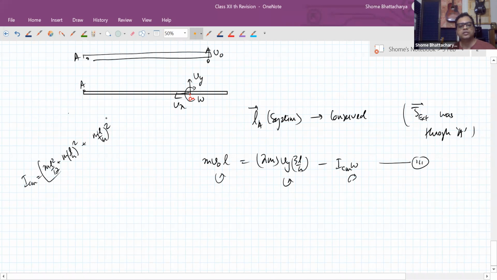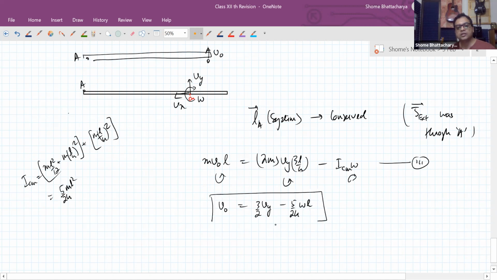This whole substitution resulted in 5 by 24 mL square. So this will become V0 is equal to 3 by 2 Vy, the same equation we had got over there, 5 by 24 omega L. But omega actually we will get as a negative quantity later, so this will become plus. So we are assuming here that omega is clockwise, whereas these two are anti-clockwise. So this is our third equation.